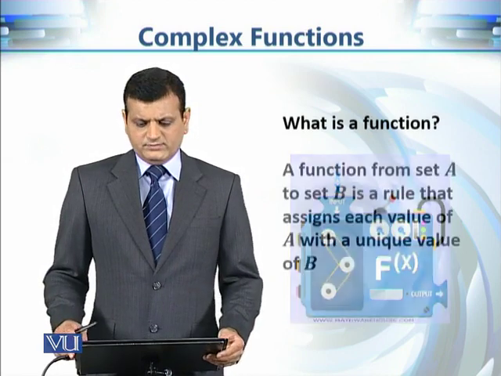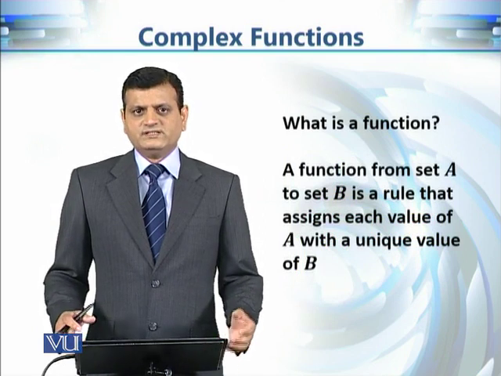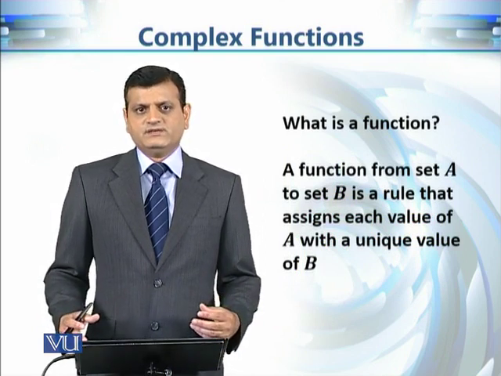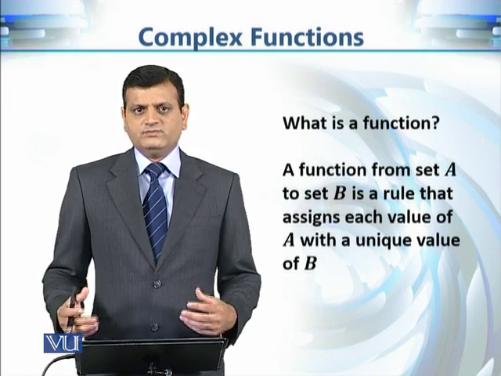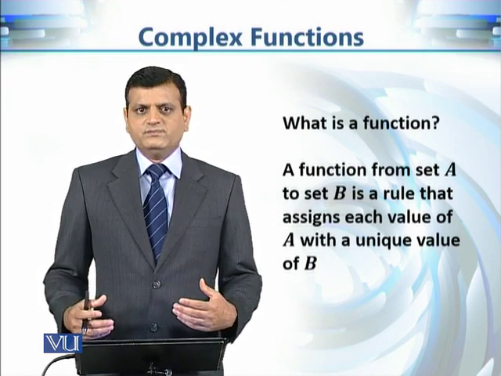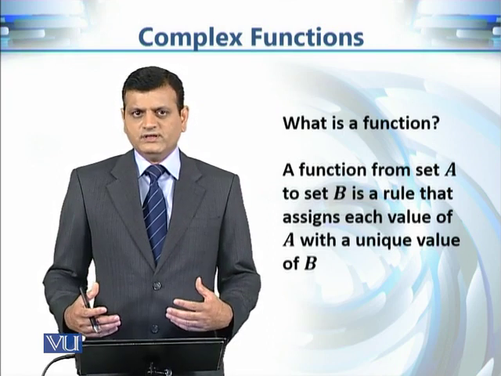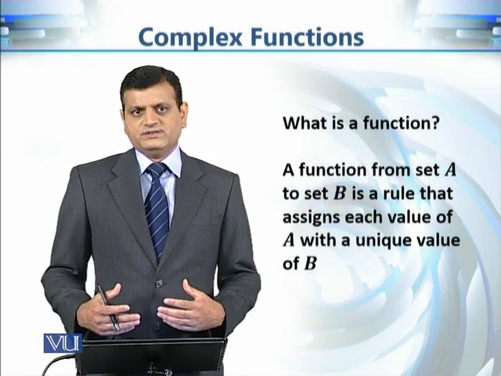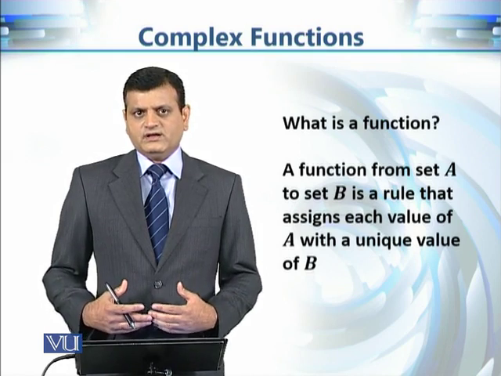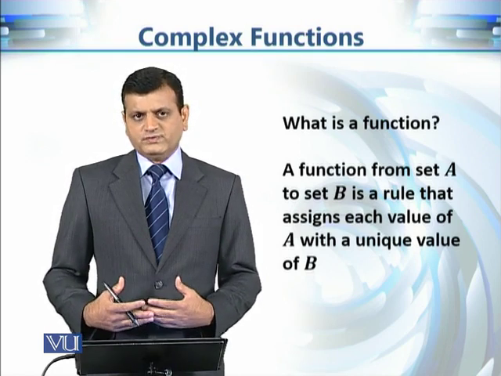So more precisely, what is a function? A function from set A to set B: in set A we have one quantity and in set B we have another quantity, and the function relates the quantities in set A with the quantities in set B. And what is the rule? There are two conditions that we impose on this definition such that our function is a useful object.